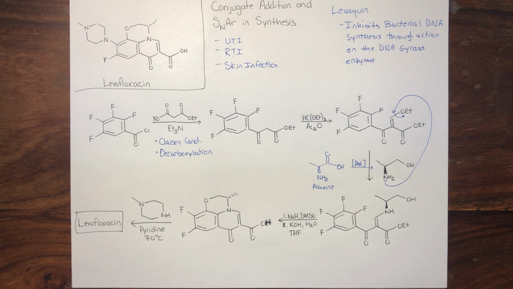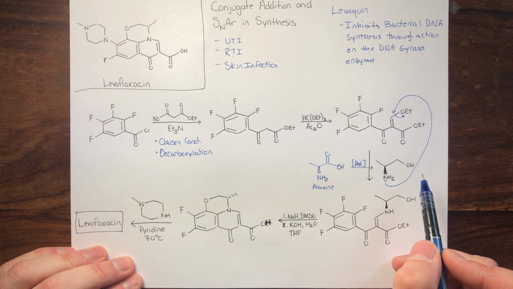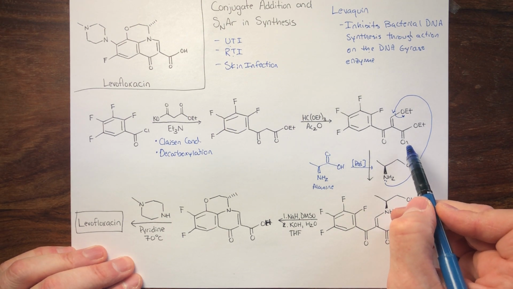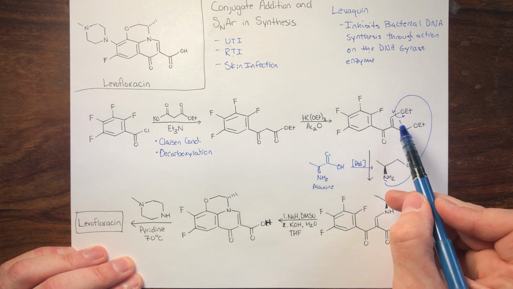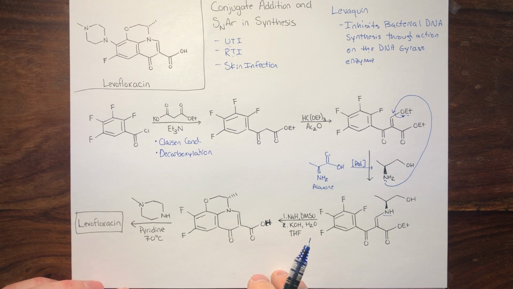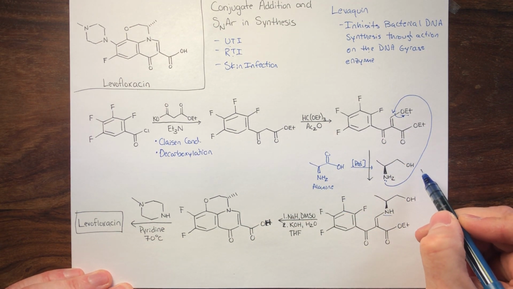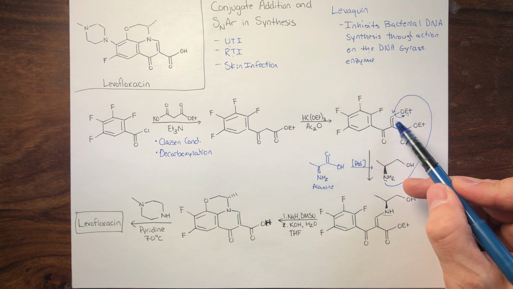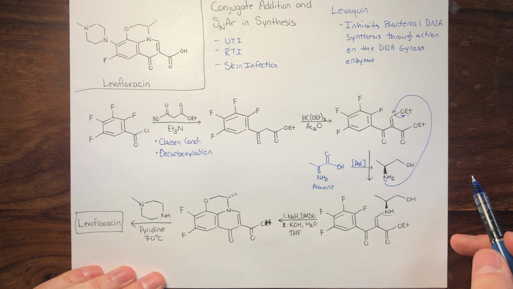So this would happen through two steps. First, an addition, formation of an enolate intermediate, followed by an elimination, which would kick out the ethoxide. And you can see that we're replacing this ethoxy group with this amino group. So this is the conjugate addition step, right? The 1,4 addition followed by an elimination.